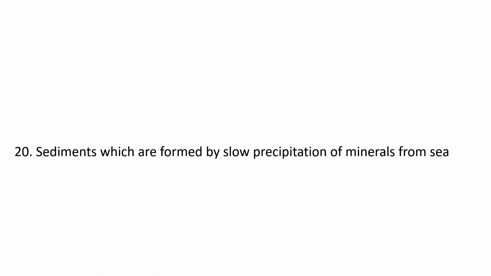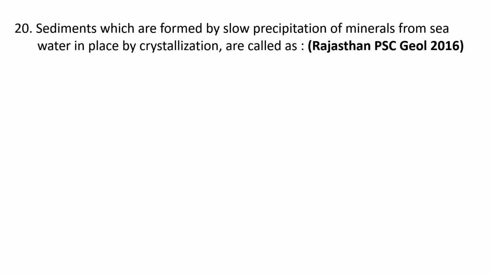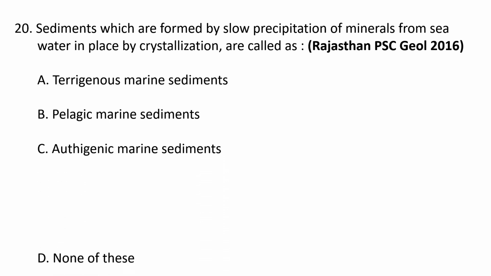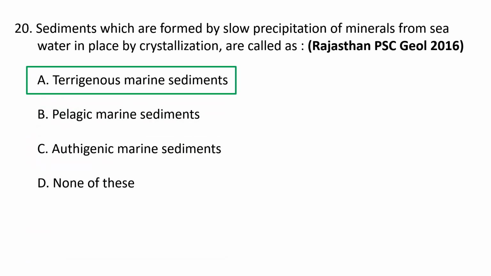Next question. Sediments which are formed by slow precipitation of minerals from water in place by crystallization are called A. Terrigenous marine sediments, B. Pelagic marine sediments, C. Artesianic marine sediments, and D. None of these. So the sediments which are formed by slow precipitation of minerals from seawater in place by crystallization are called terrigenous marine sediments.